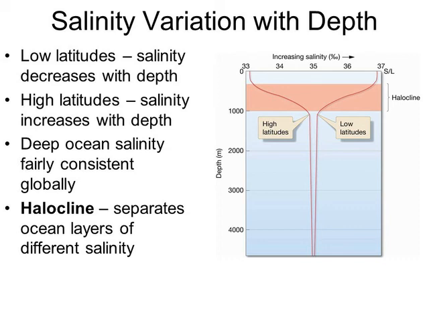But let's look at salinity variation with depth in the ocean, because what latitude you're at will determine what the salinity variation is at depth. When you're near the equator at low latitudes, you'll tend to see that salinity decreases with depth.